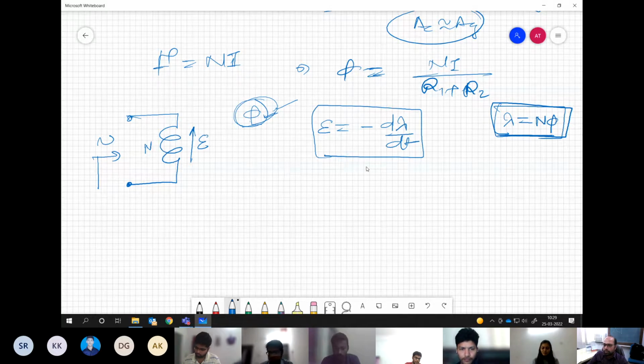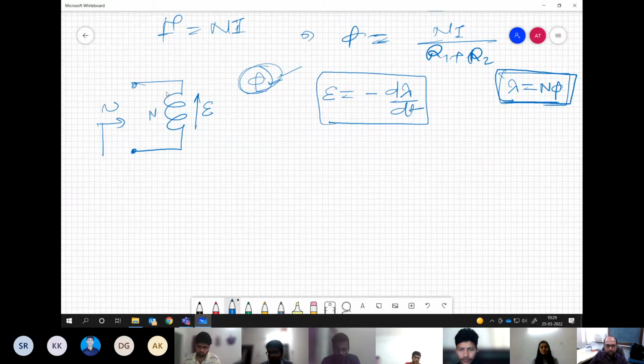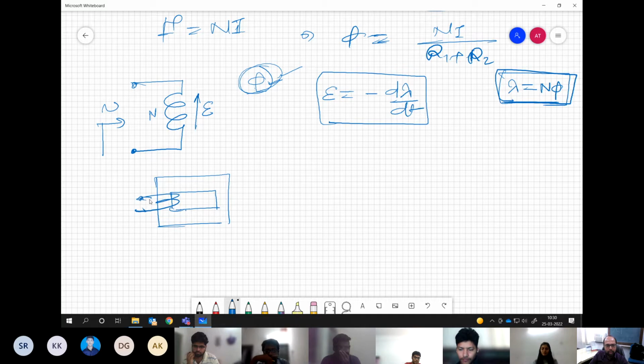Correct? See, it doesn't matter whether it is air core or magnetic core. Just a coil is there and you are applying some voltage V and we are trying to compute the elements of this circuit. Now we have the voltage applied, and lambda we have computed as N times phi.